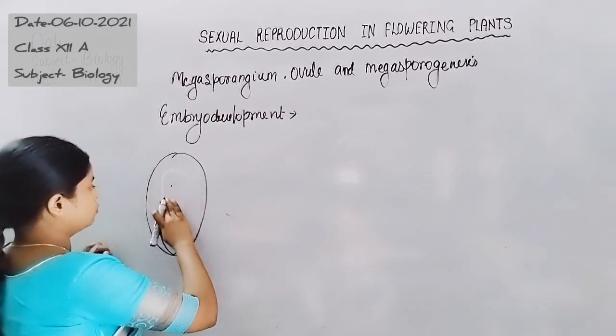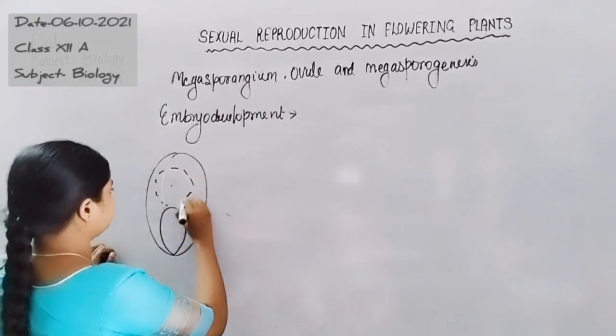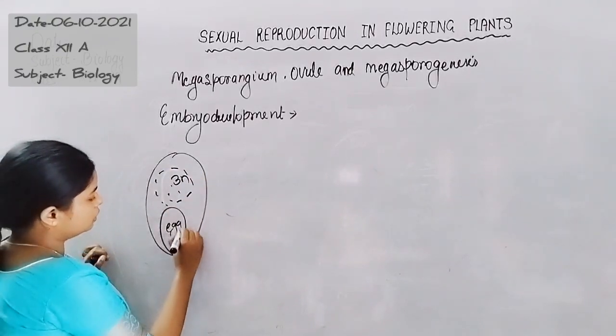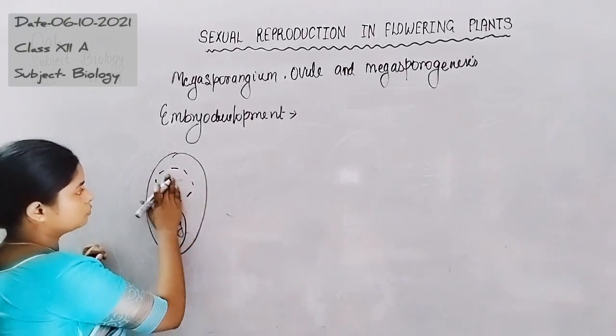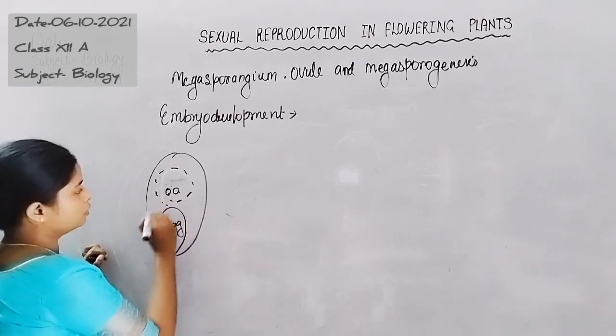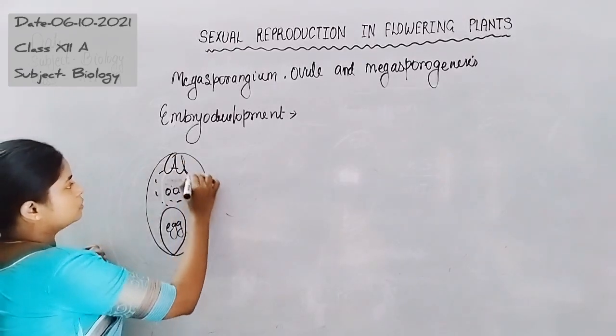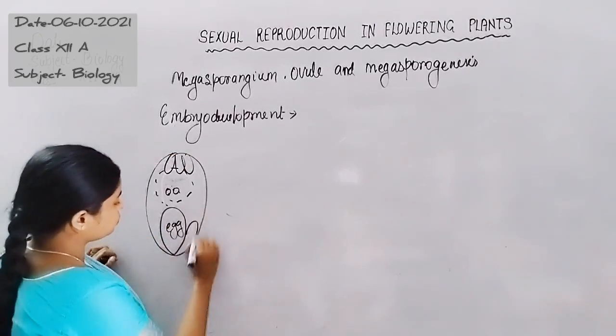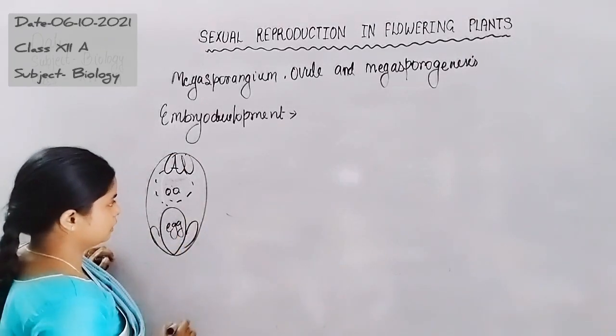So here is the embryo sac, with the 3N, the two polar nuclei, and the synergid and antipodal cells. Now here is the synergid cell.